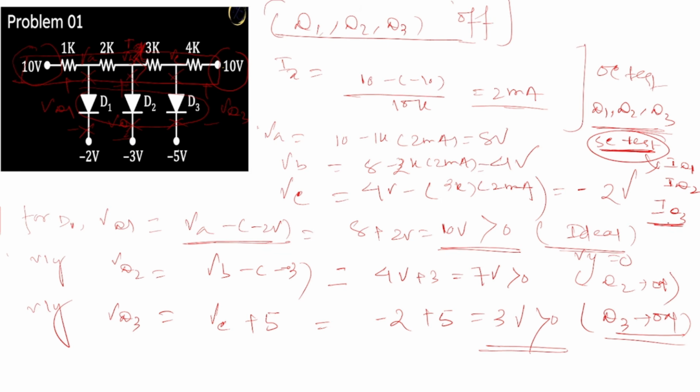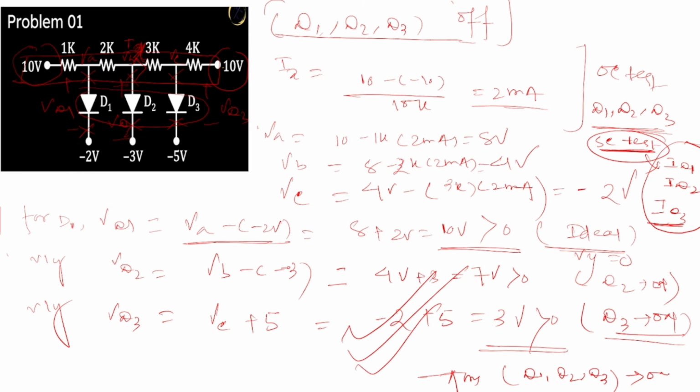If you are getting these three currents to be greater than 0, you can say that these three diodes are on, and you will get the exact same results. Okay, so this is the answer: D1, D2, and D3 on.